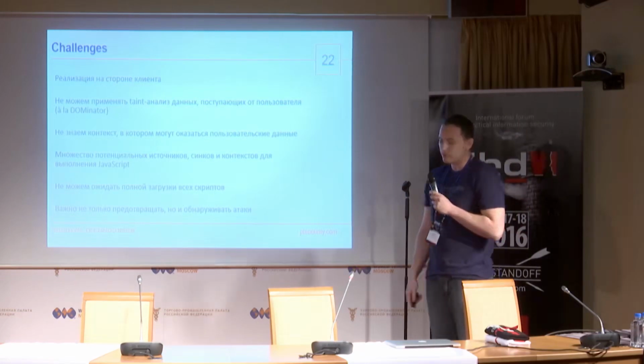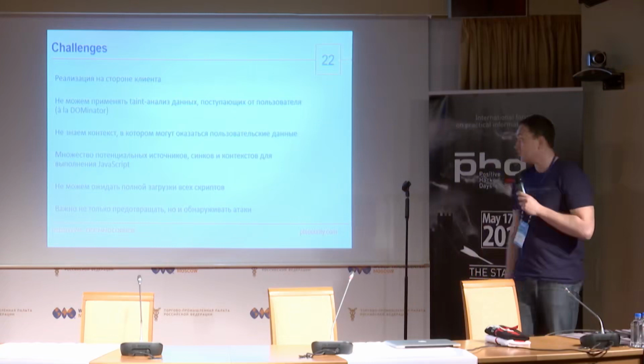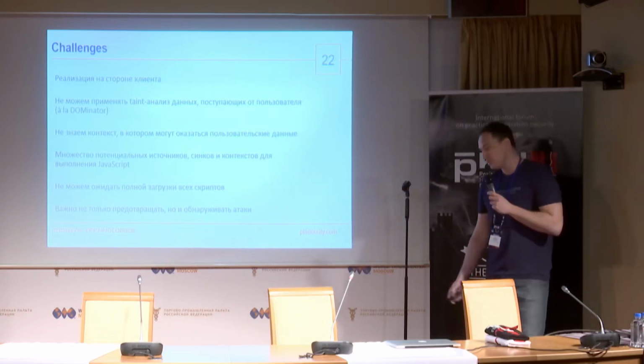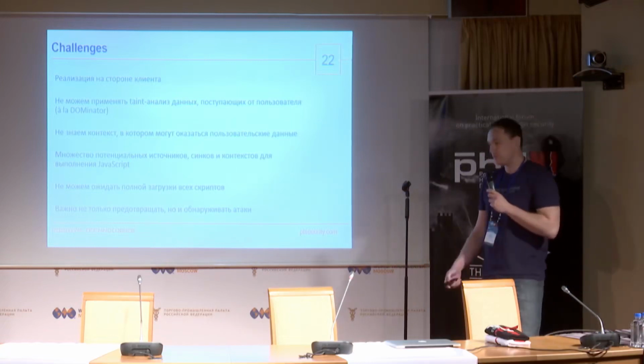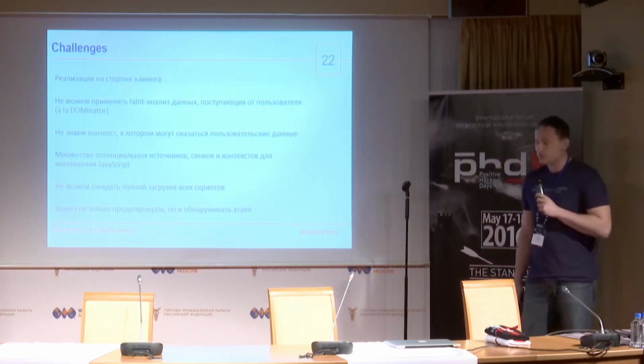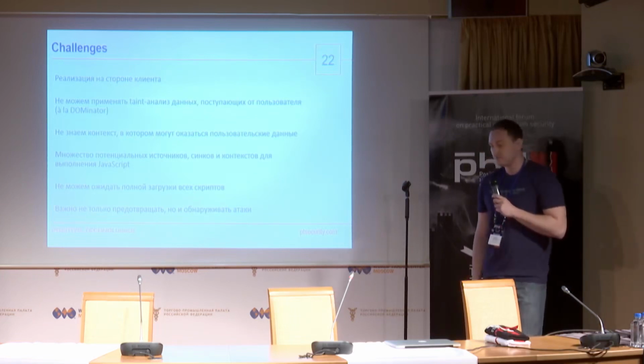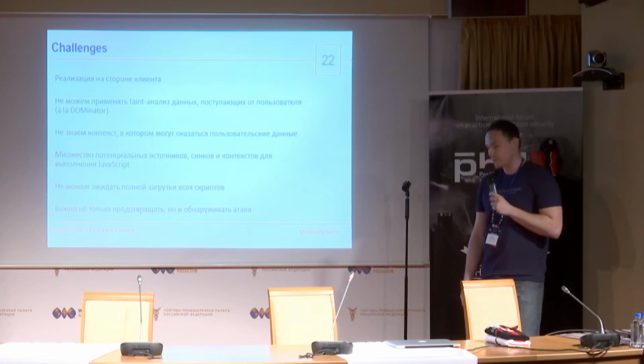What do we have? We want to implement it on the client side to be able to detect DOM XSS. If we look at all the tools that are used to identify DOM-based XSS, we will see that the classical method is about identifying sources and potentially dangerous functions, which is sinks.